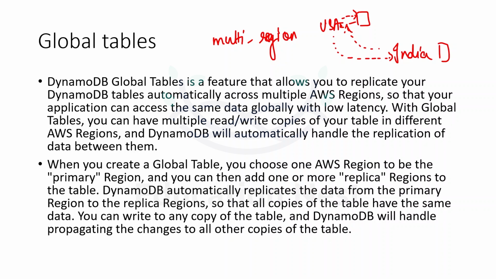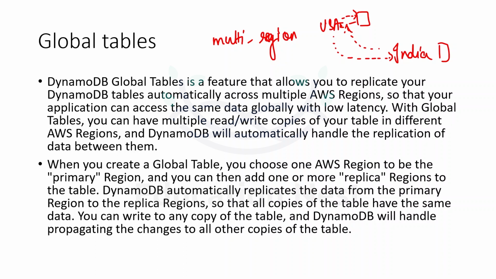So global tables are well suited for applications that require low latency, multi-region access to data, such as gaming, mobile, IoT applications, etc. By replicating your data across multiple regions, you can provide high availability, low latency databases that can handle changes in traffic or workload while minimizing downtime and data loss. So these are the features of global tables that we have.